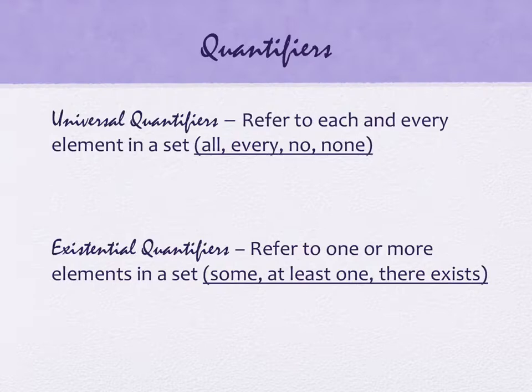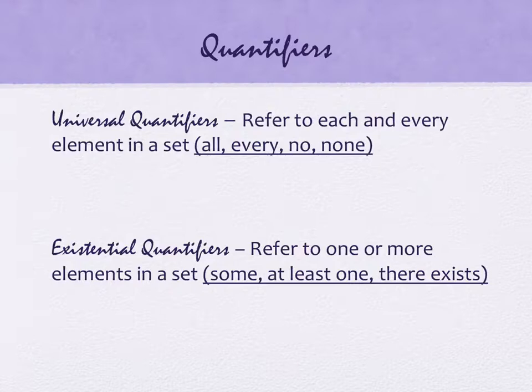Existential quantifiers. Existential quantifiers refer to one or more elements in the set. So they use words like there exists, or at least one, or some. So if I talk about my locking the car door example, it would be sometimes I forget to lock my car door.